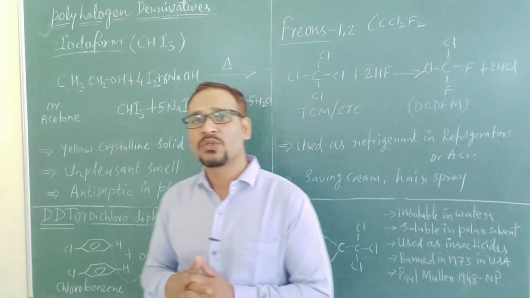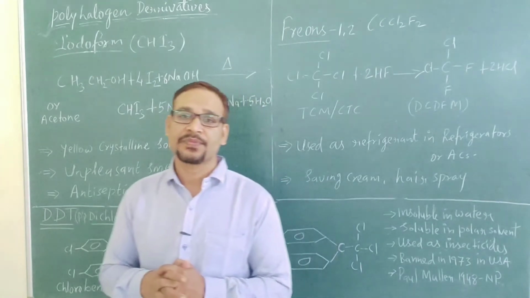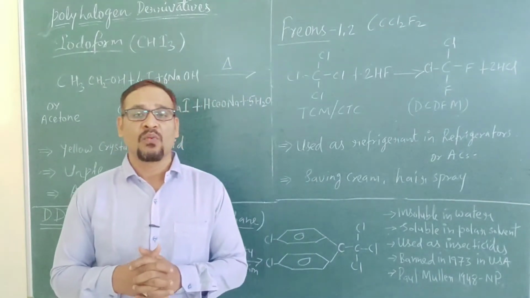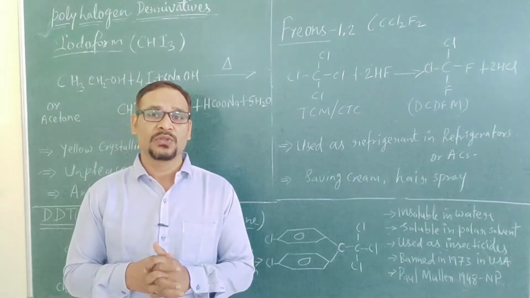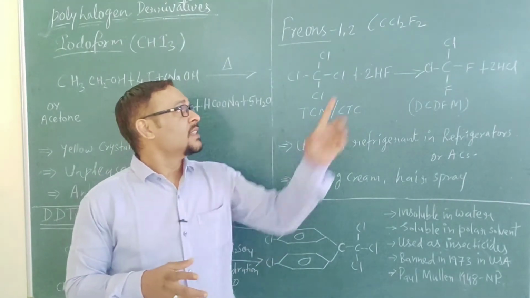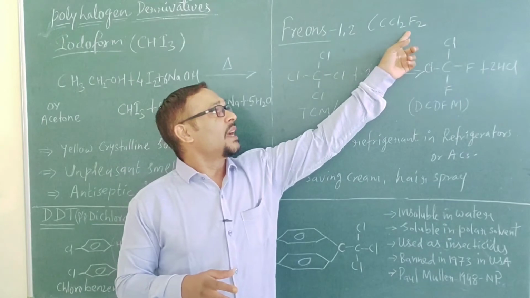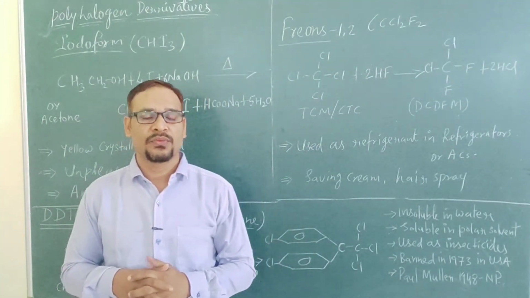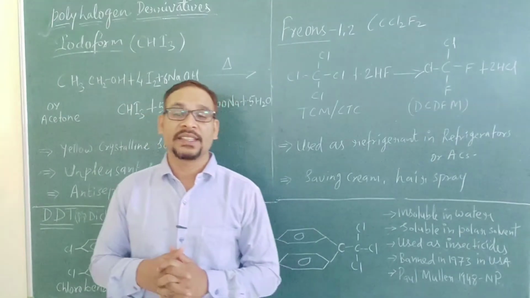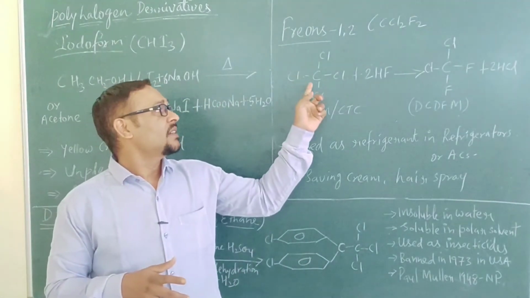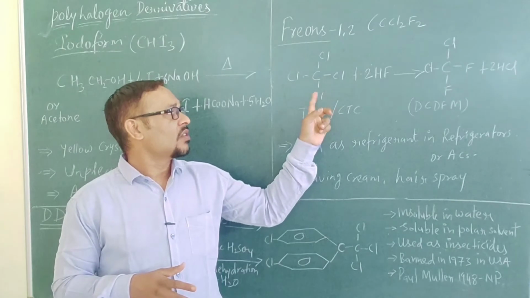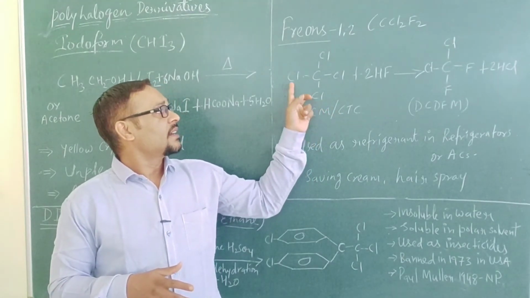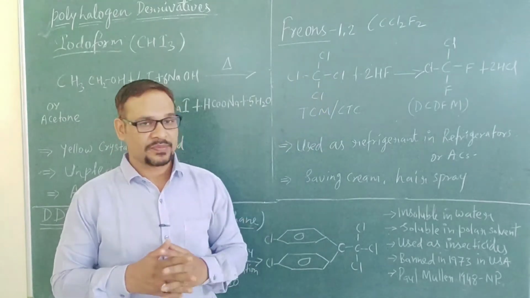Now let's talk about the next very important halogen compound, that is Freon 12. Freon 12 is also written as CCl2F2. CCl2F2 is the formula for Freon. How is it prepared? It is prepared from carbon tetrachloride, also called tetrachloromethane.